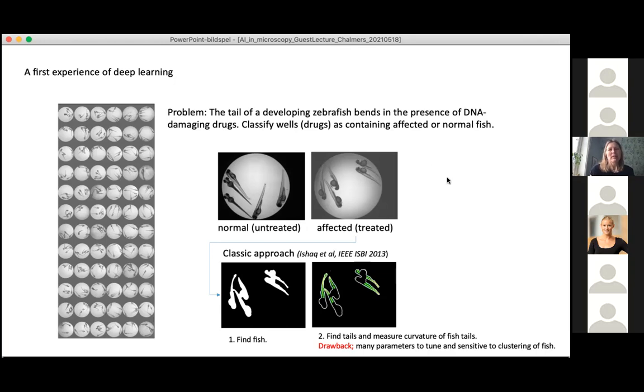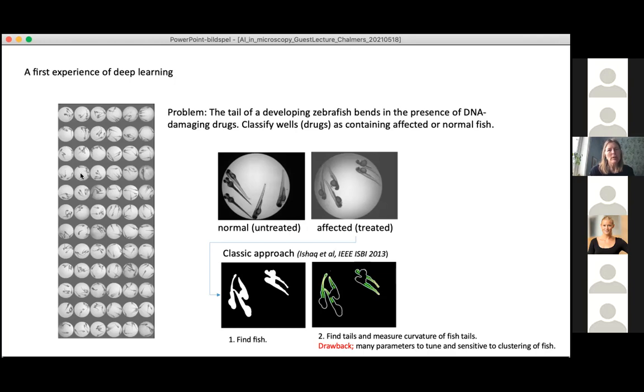So what is this? This is what is called a multi-well plate, which is a piece of plastic with little holes in it. And in each of these little holes, we have these zebrafish embryos. They are about 2 millimeters long.